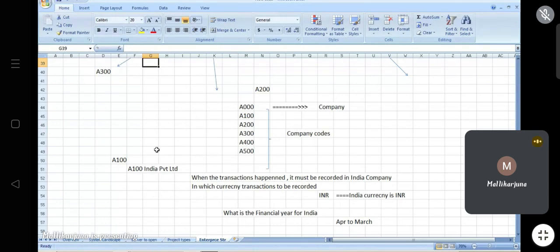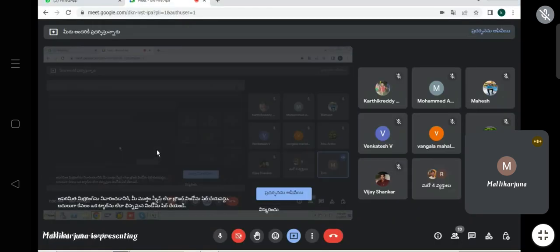Like that we can address group reporting by segregating the company and company codes. People are confused when you talk about company and company codes. Company is always optional.